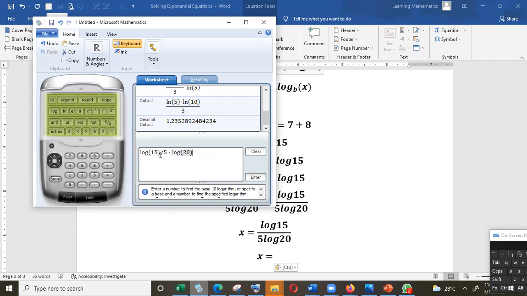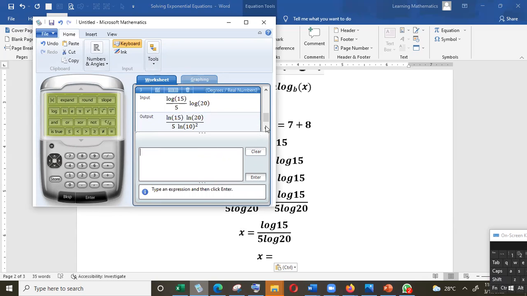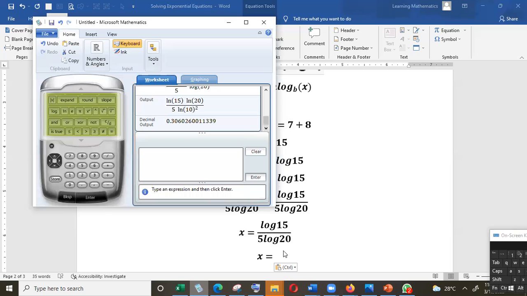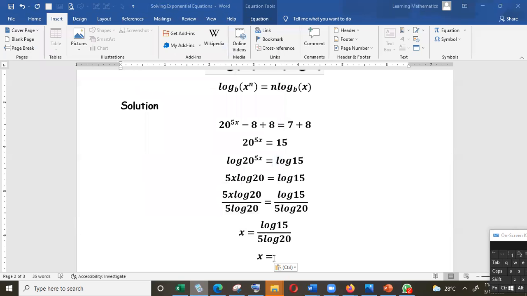That should give us the value of x in this example, which is 0.306.